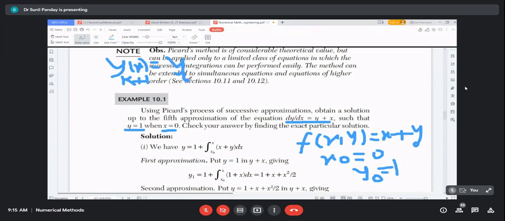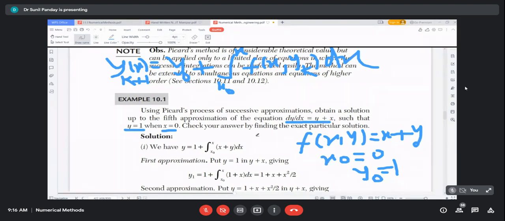Then y(k+1) is y naught plus the integral from x naught to x of f(x, yk) dx. So this is our Picard's method.